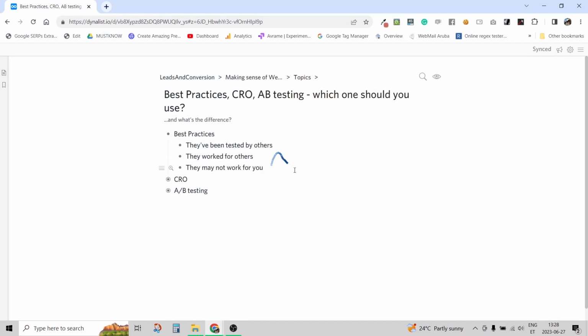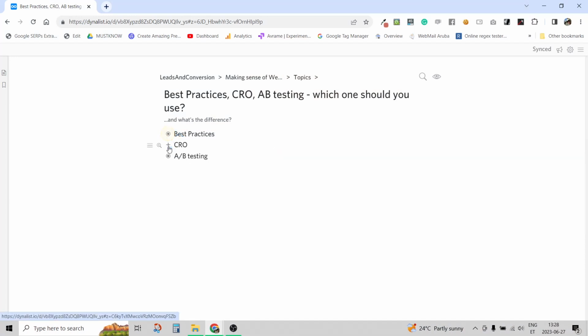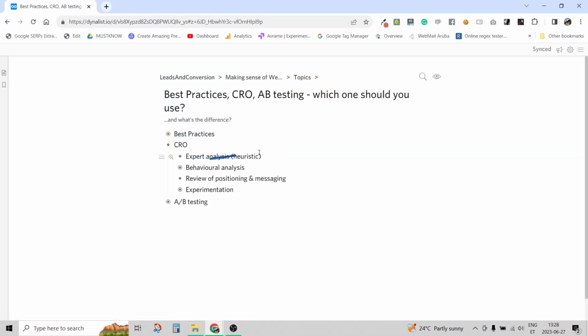So then we go to conversion rate optimization programs, which are custom made. I'm going to show you what they look like. The first thing is to make an expert analysis, also known as heuristic analysis. Basically the expert comes to your company and tells you what they would do just by looking at the site, so this is basically applying best practices.